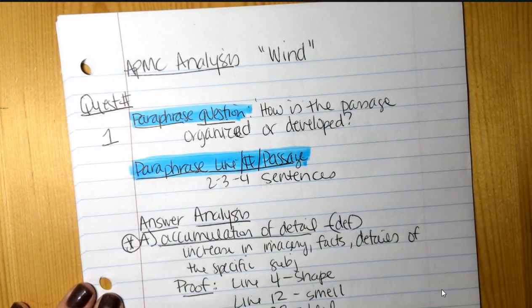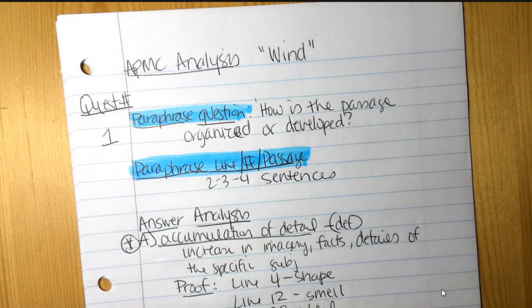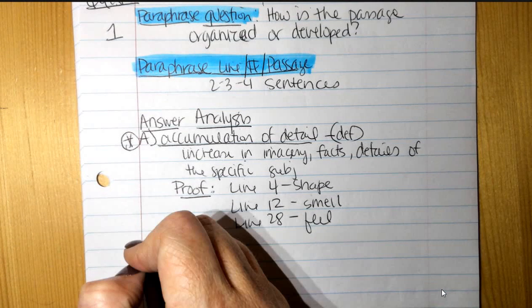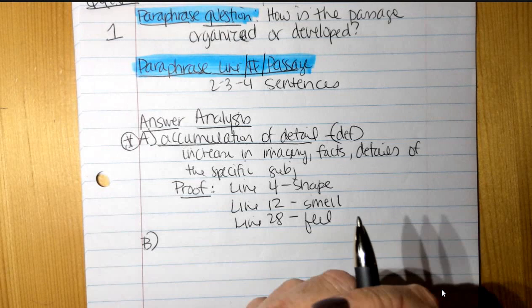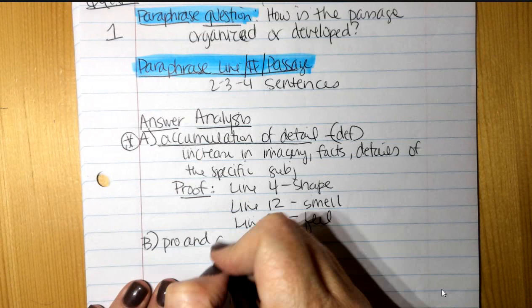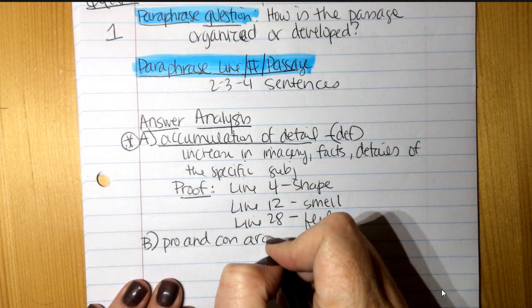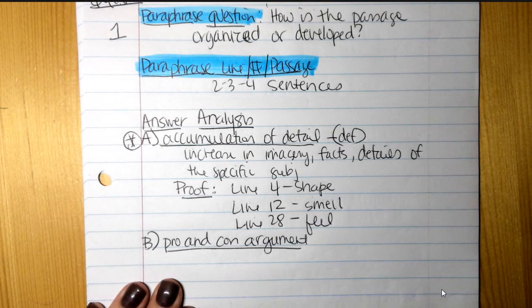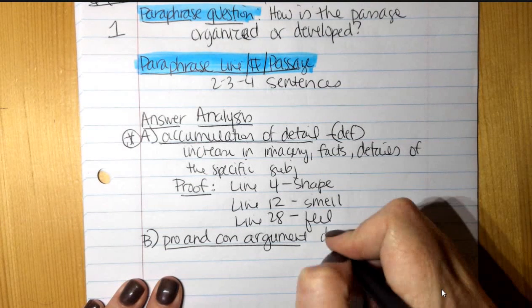Does that make sense? So now I'm listing where in the passage that is. Okay? Then I go to answer choice B. Pro and con of an argument. What is the pro and con of an argument? You have to define it. What does that mean?